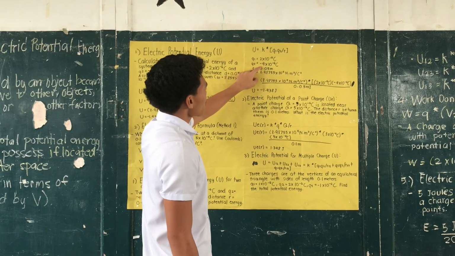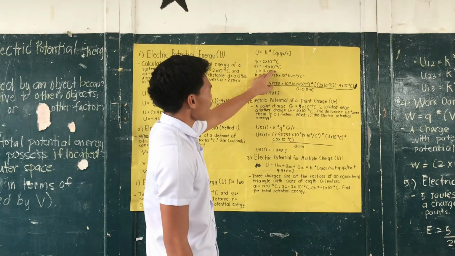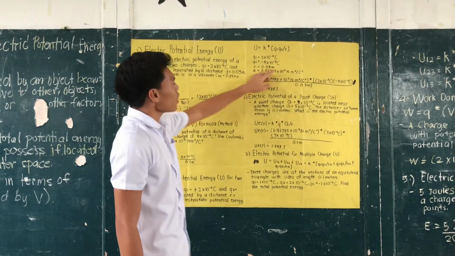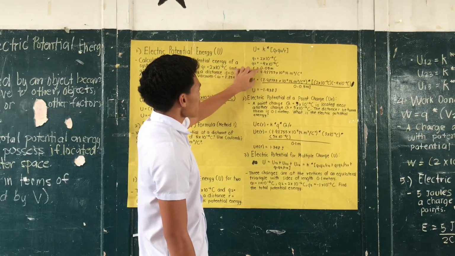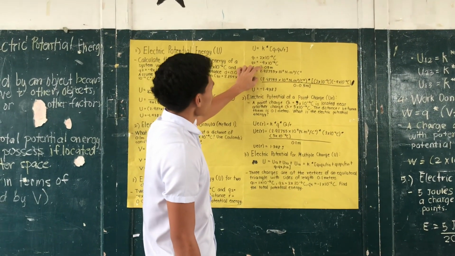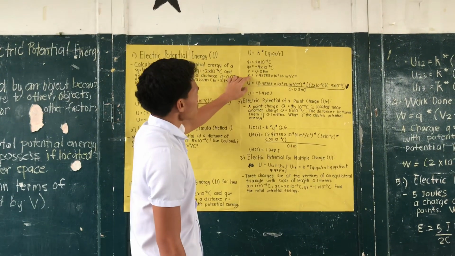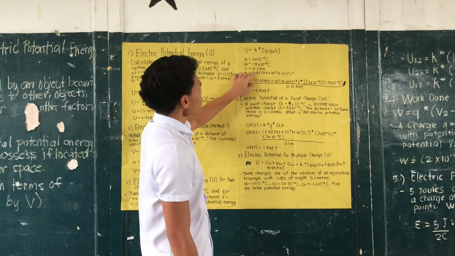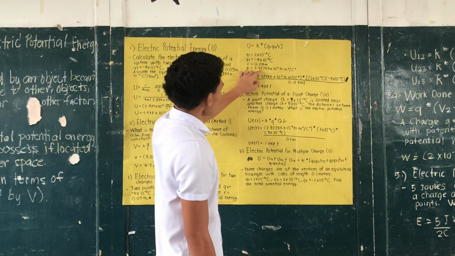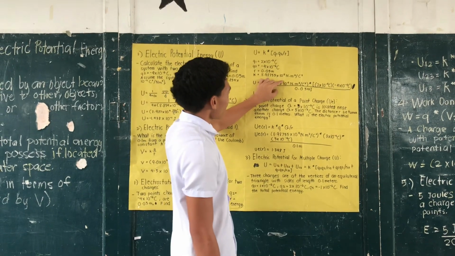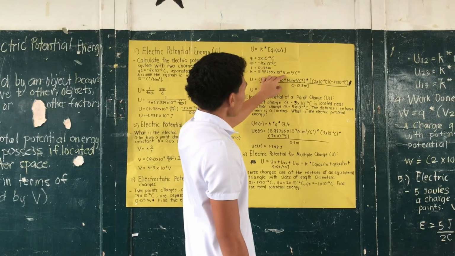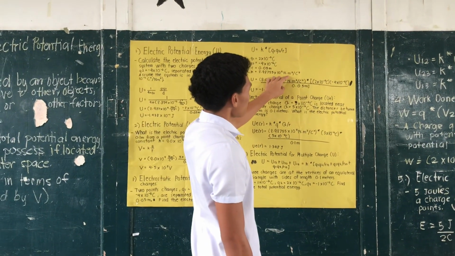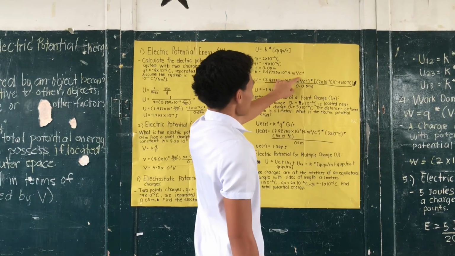Q2 equals -4 times 10 raised to the power of -6 coulomb. R equals 0.05 meter. K equals 8.98755 times 10 raised to the power of 9 newton meter squared over coulomb squared.